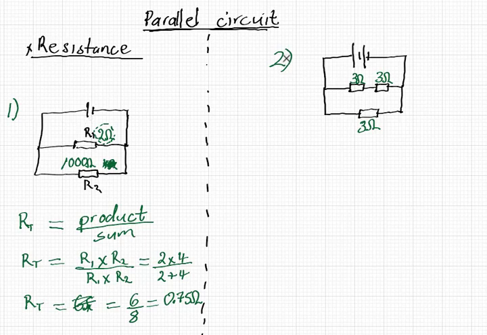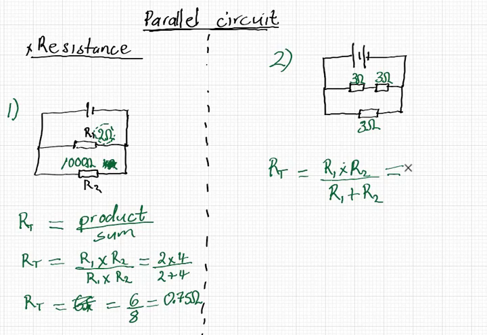Okay, for question number 2, let's do this. RT is equal to R1 times R2 divided by R1 plus R2, right? Here R1 and R2, we are talking of two resistors, but we have three resistors.